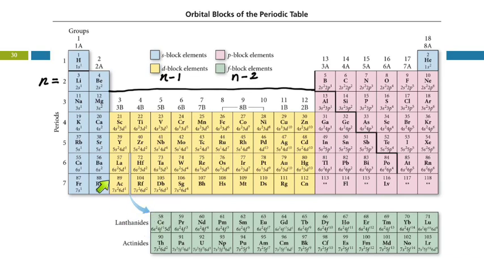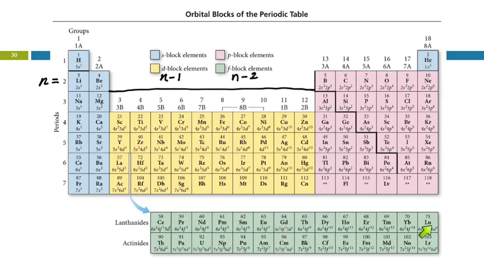So the F's, we come across here, and we're not going to get too hung up on why there's one yellow one here, and then we go into the green. But these are the F blocks, and so 1 through 14, this is coming from period 6. The F blocks are n-2, so this is 4F.